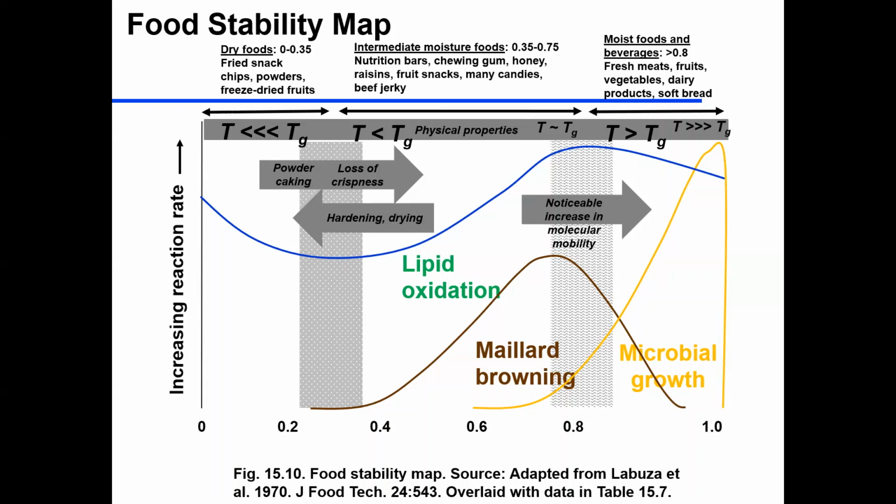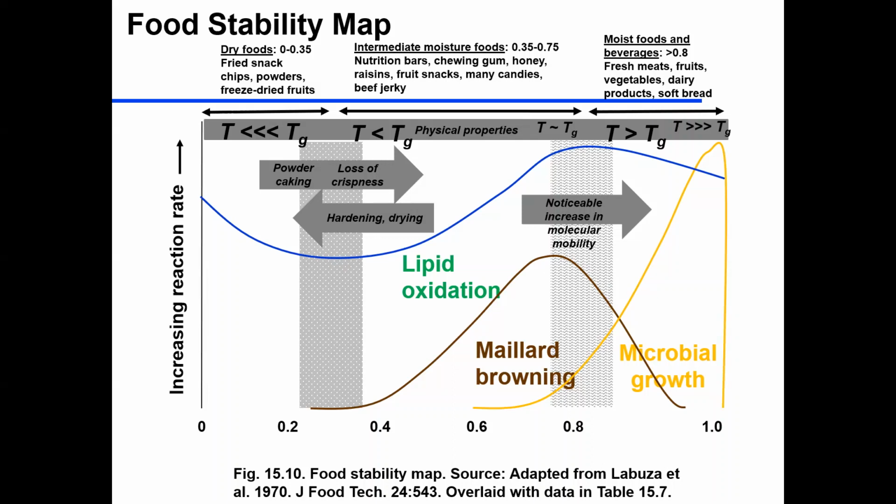At very, very low water activities, there isn't much mobility. We have a sugar here, we have a protein here, but they can't move to each other. It's so dry, you don't get easy migration through that food product, and so the rate slows down. As we go to slightly higher water activities, basically it follows the idea of moisture content too, and the reaction rate increases.